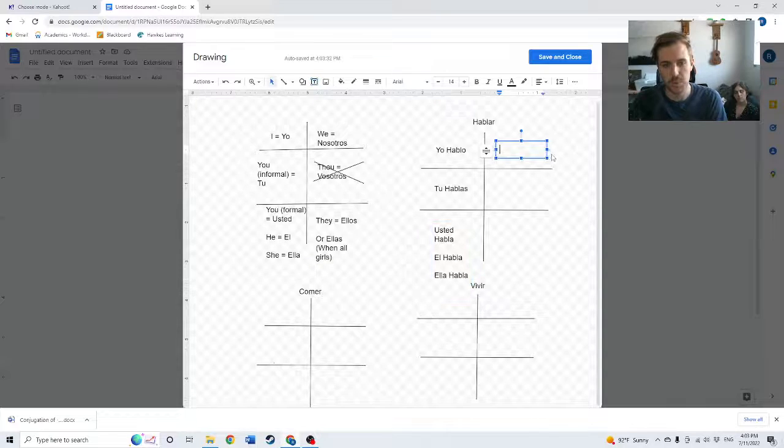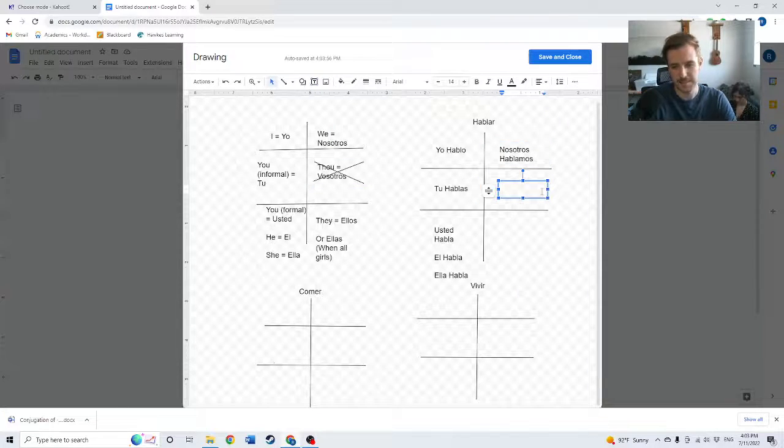Next, we have we, which is nosotros hablamos. And then after that, we have one that I don't really count because we're not really using it in this class, which is the more biblical way of saying it, which would be vosotros habláis.